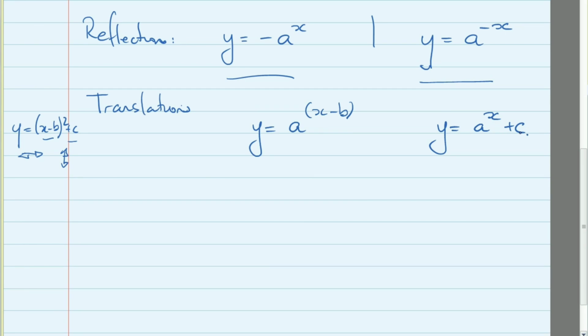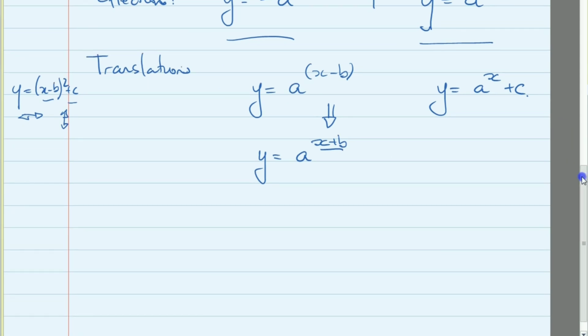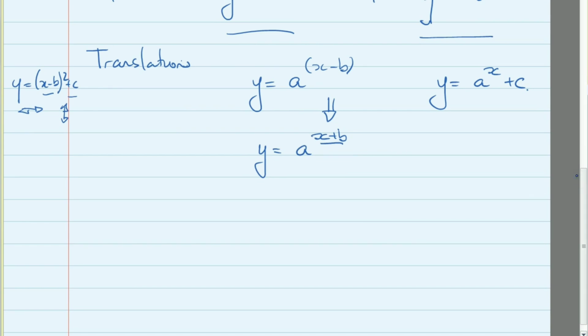I should just warn you that I'm going to show you x minus b inside the brackets here, but many books show you, and our book as well shows you, a situation where you have y equals a to the power of x plus b. That becomes very, very confusing. But if you think just a little bit carefully about what happens here, the movement is the same way.